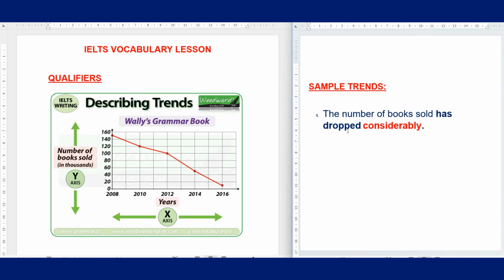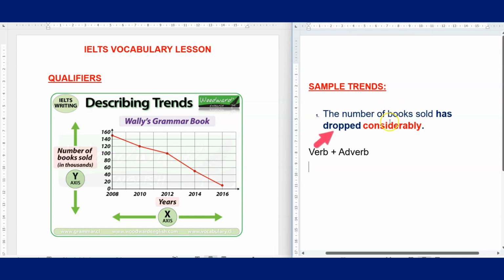So the word order normally becomes verb plus adverb. So we can say it dropped considerably.